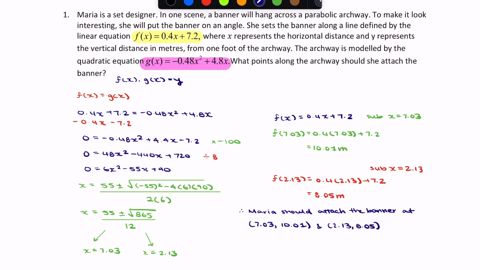So those are our coordinates. Again, the x values represent horizontally how far, and the y values represent vertically how far, and that's where the 2 points of intersection are.